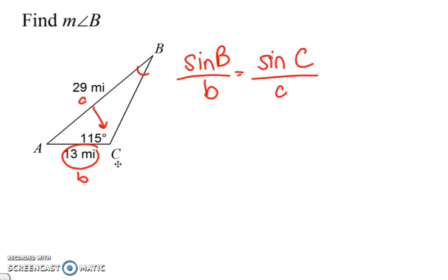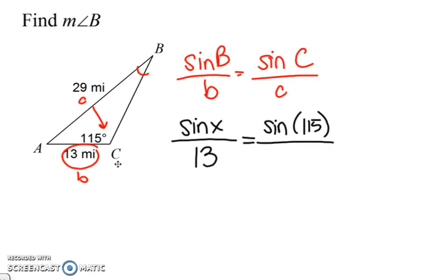I do not know the sine of B, so I'm just going to leave that as sine of x, or you could leave it as a B, over 13 is going to equal the sine of my C, which is 115, over 29. Okay, so I have a proportion I can set up and solve now.